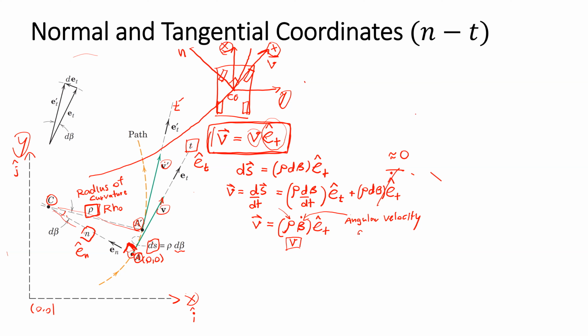Angular velocity of maybe n, how the n changes the orientation, or the unit vector of n axis changes its orientation. It is also applicable to the angular velocity of t, or the unit vector. All of these share the same angular velocity.